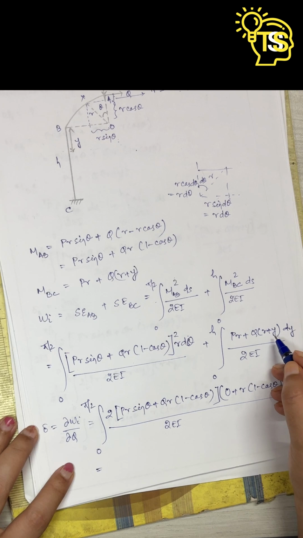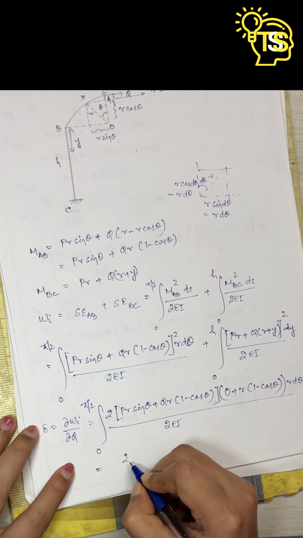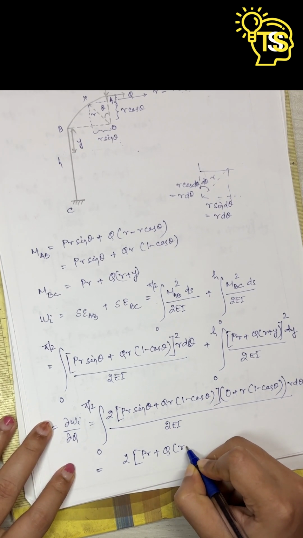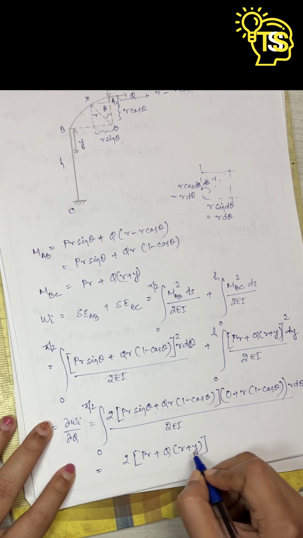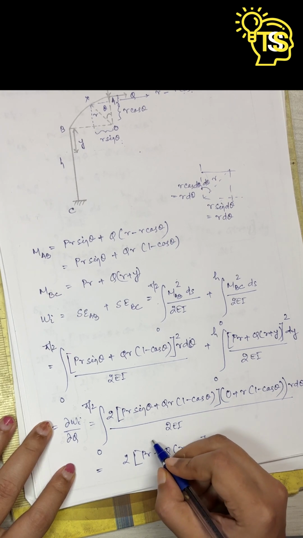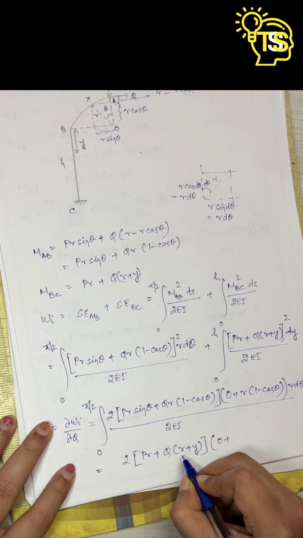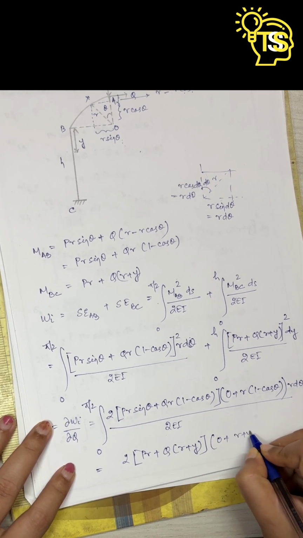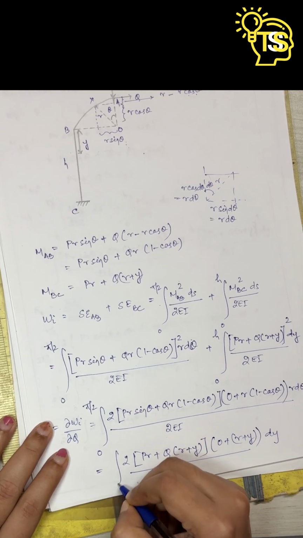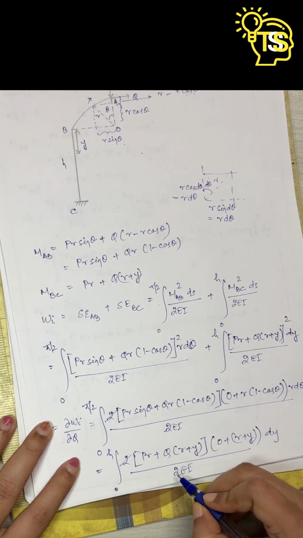Here after partially differentiating, we will get 2 (PR plus Q (r plus y)). Let's partially differentiate this term. As PR is constant, it will turn 0. So 0 plus, partially differentiating Q (r plus y), we will get (r plus y) dy upon 2EI from 0 to h. Here 2 will get cancelled. Here also 2 will get cancelled.